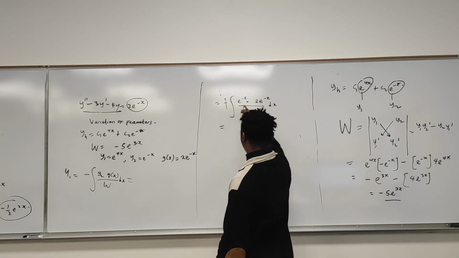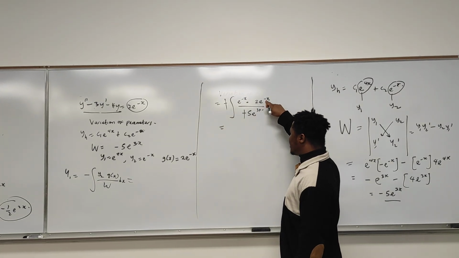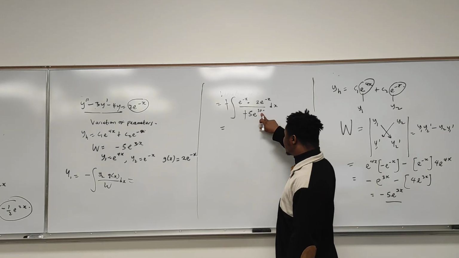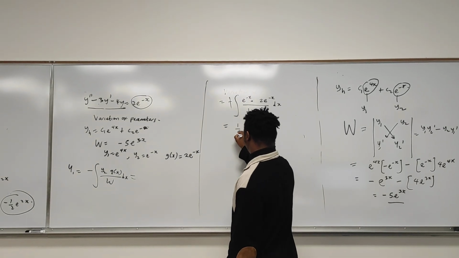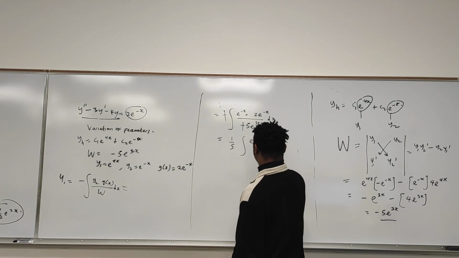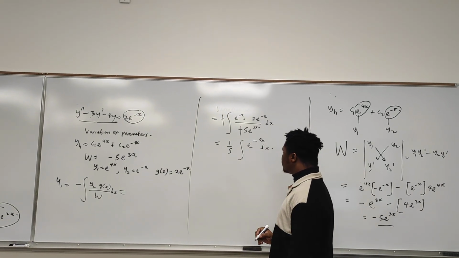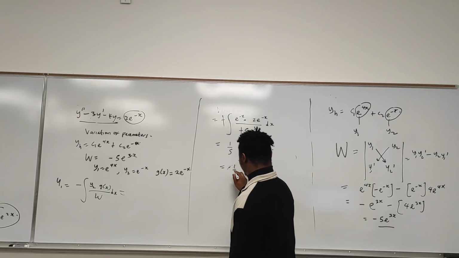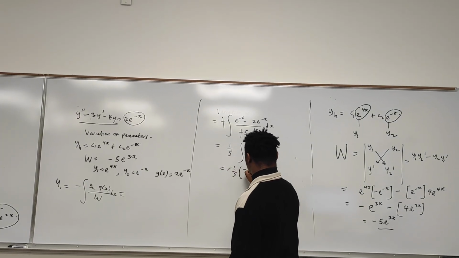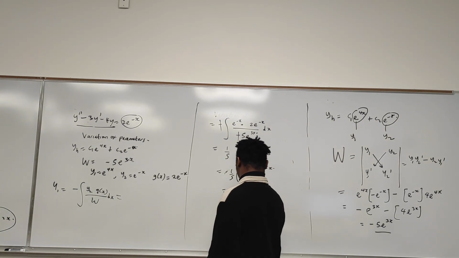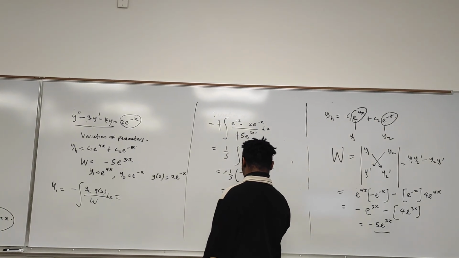Then we have negative x and negative x is negative 2x. Negative 2x minus 3x is negative 5x. So we have 1 over 5 integral exponential negative 5x dx. That one gives minus 1 over 5, sorry. It gives 1 over 5 multiplied by minus 1 over 5 exponential negative 5x. That would be minus 1 over 25 exponential negative 5x.